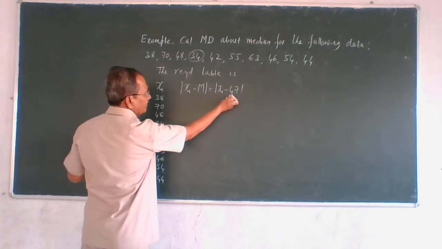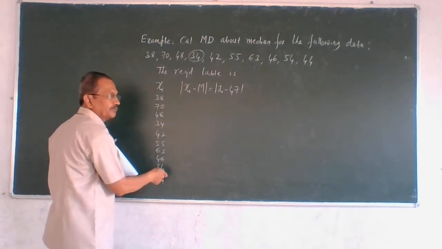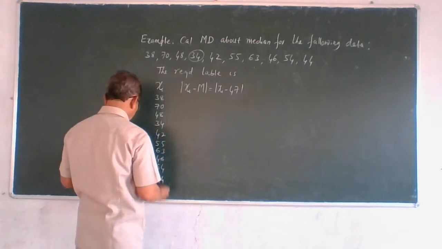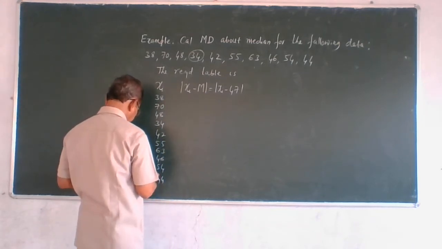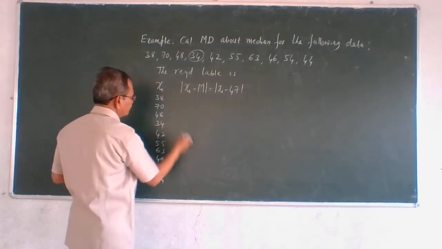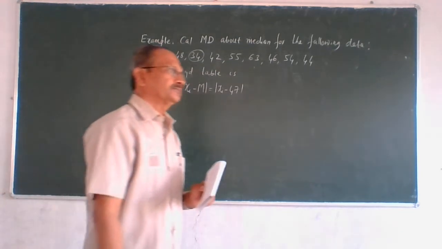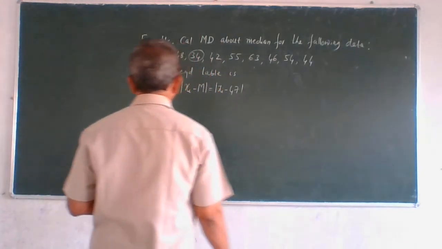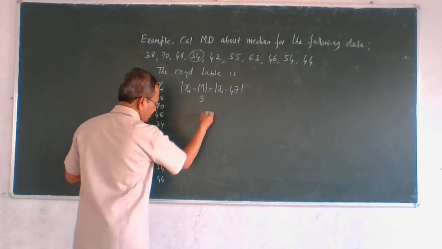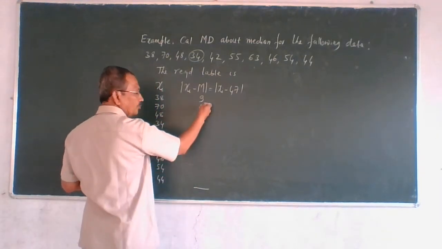Now modulus of xi minus 47 is: subtract 47 from each xi and write down the positive differences. So 38 minus 47. So write down all the deviations. 38 minus 47. How much? 9. Write down all these deviations and take the total. I hope you will write this.